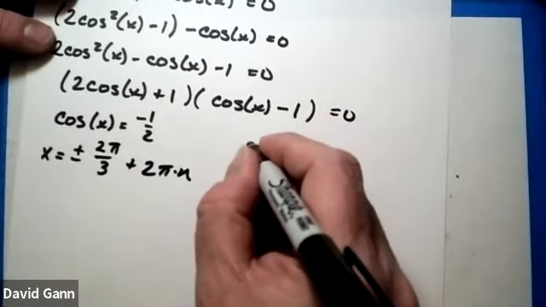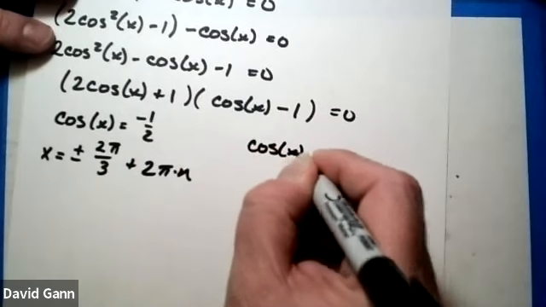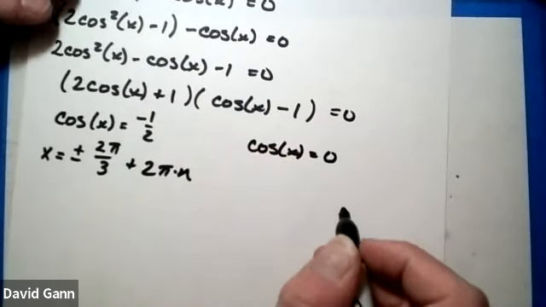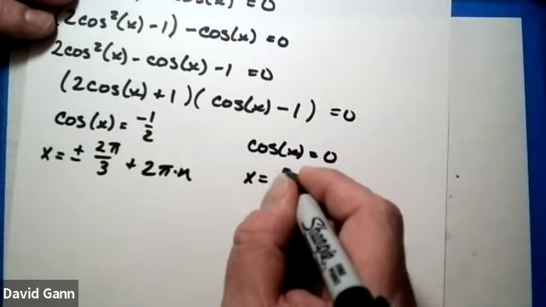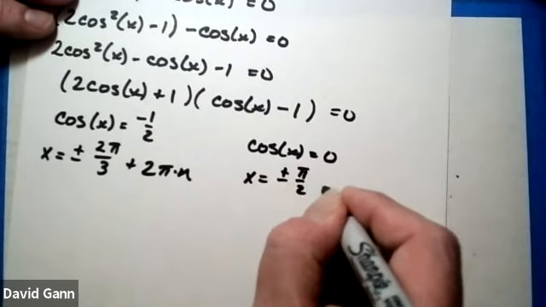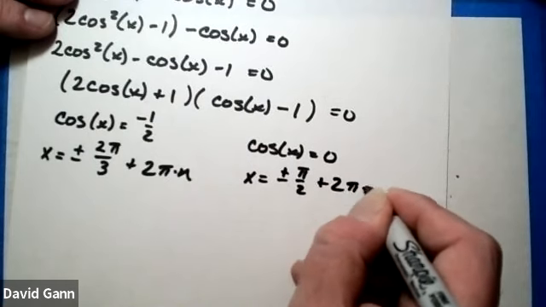And this one over here is going to lead to cosine of x equal to 0. This will give you the results plus or minus pi over 2 plus 2 pi times n.